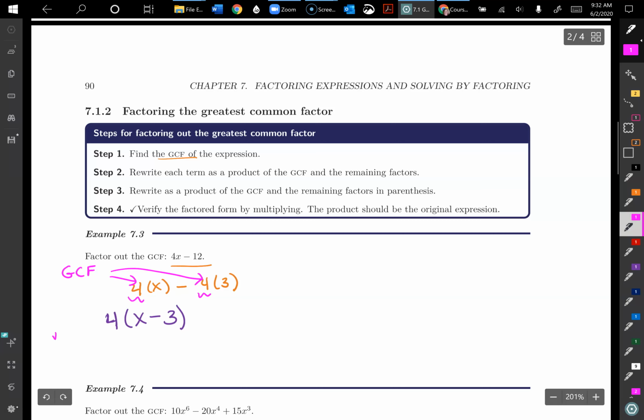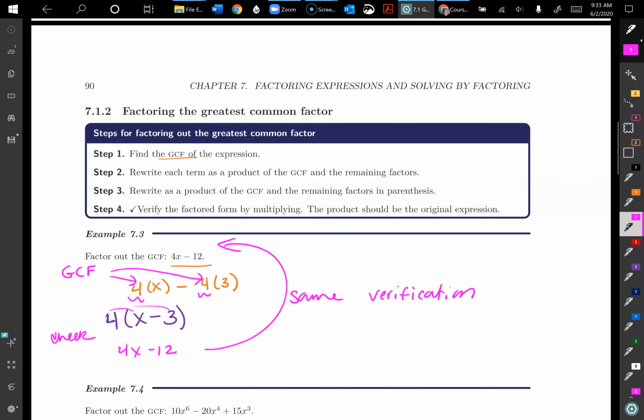So then you're going to check. And you would check by just distributing. 4x minus 12 is the same, right? So that's your verification in step 4. Okay, so this is to go through what they have here. This is step 1, figuring out what the GCF is, right?